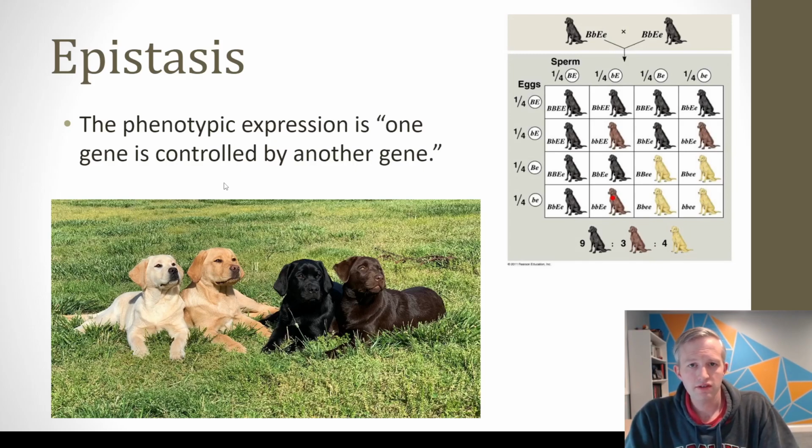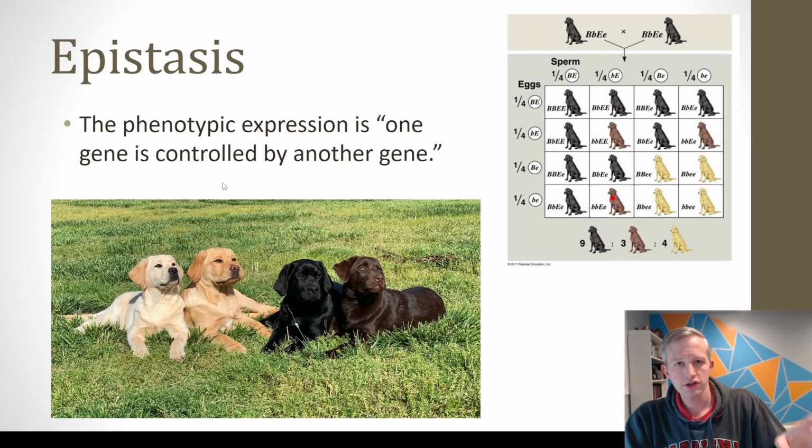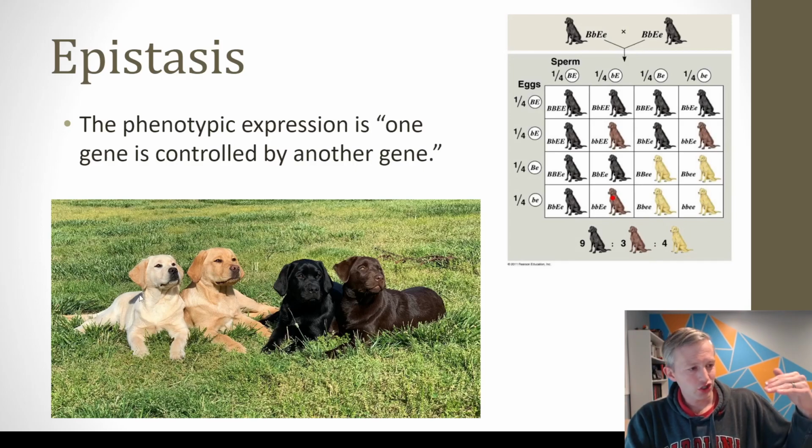So epistasis is where you have the expression of one gene directly linked to the expression of another. And so to explain that, this dog right here on the left, this yellow lab, is actually a chocolate lab or a black lab. We don't know because there's a separate gene that shut down the production of the pigment.